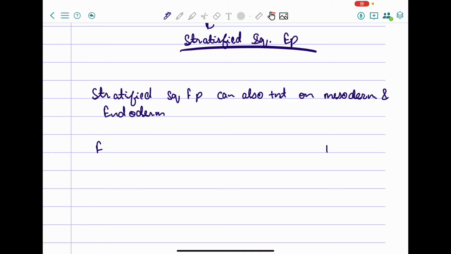Let's talk with an example, that is vagina. We all know that vagina epithelium is of which? That is stratified squamous epithelium. We all know that.